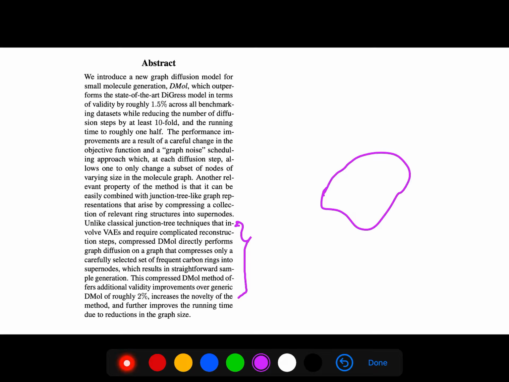So this compressed DMol method offers additional validity improvement over generic DMol of roughly 2%, and increases the novelty of the method.